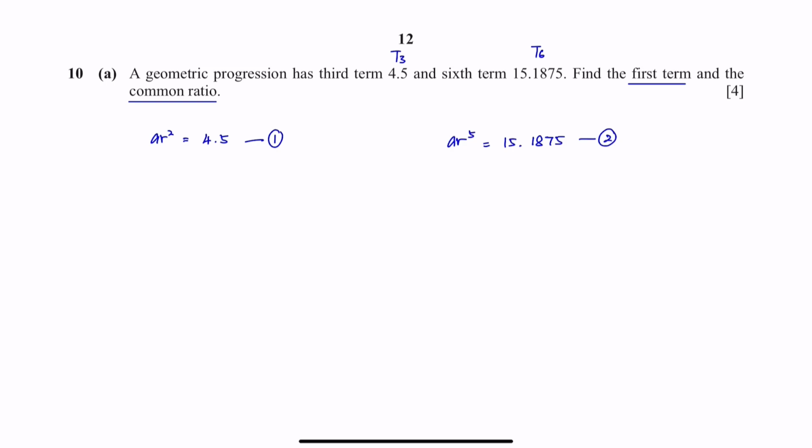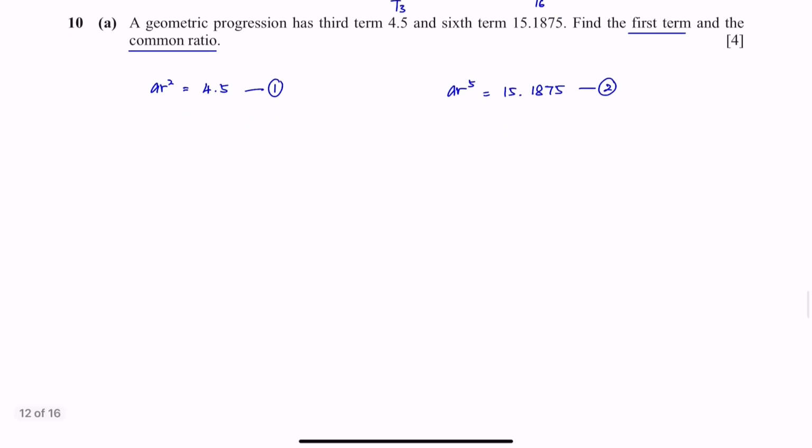So now we can do the simultaneous equation. We can use the second equation to be divided by the first equation, and we would get ar to the 5 over ar squared equals 15.1875 over 4.5. Since a is a constant term, it's not equal to 0, so I can cancel it out.